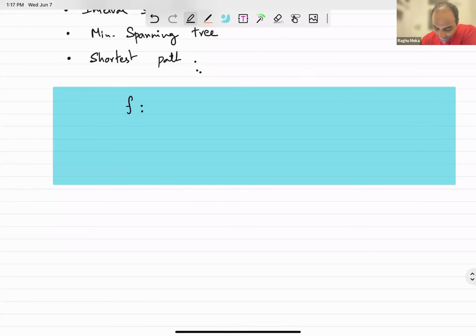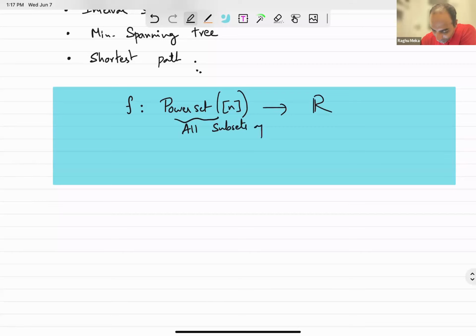Let me write it as a function from subsets of [n] to the real numbers. So this is all subsets, and our goal is to find the argmin.